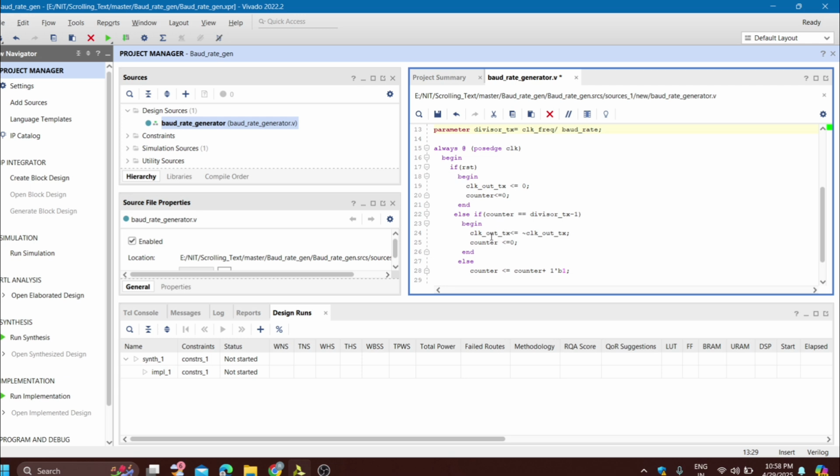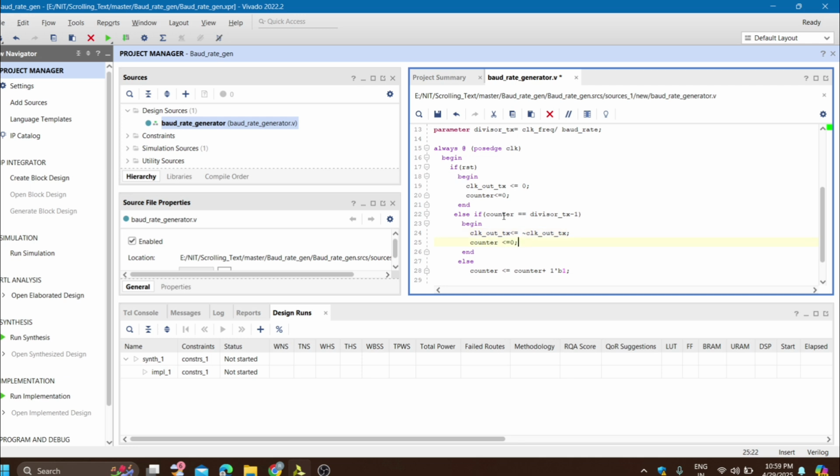Clock out TX will toggle. It's a negation of clock out TX, so whatever the previous value of clock out TX was, that will toggle, and again the counter is set to 0.